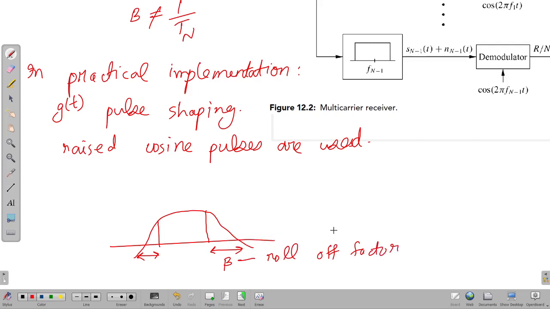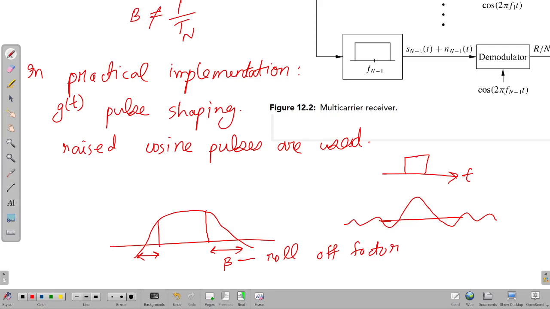And why is this roll-off factor coming into the picture? That is the same question as why you are using a raised cosine filter. You cannot transmit a signal with abrupt transitions like this in the time domain in a channel, because channels are in general band limited. Because of these abrupt transitions, the bandwidth goes to infinity for this type of signal.